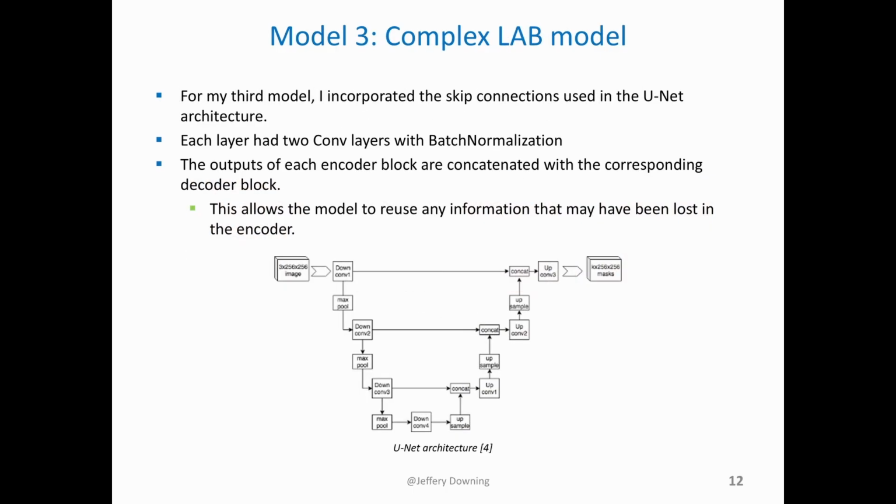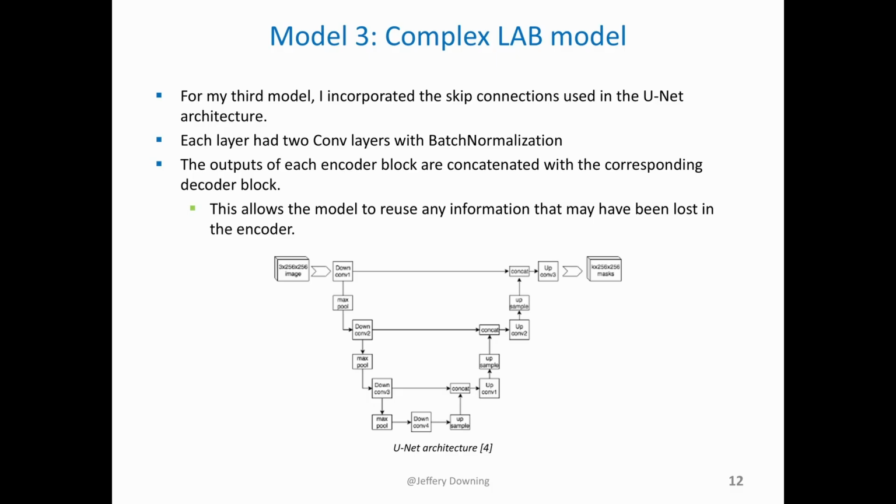So for my third model, I decided to try and make the model architecture itself a little more complex to see if that could help improve some of the results. So I decided to incorporate the skip connections seen in the UNet architecture. So the outputs of each encoder block will be concatenated to the respective block in the decoder.